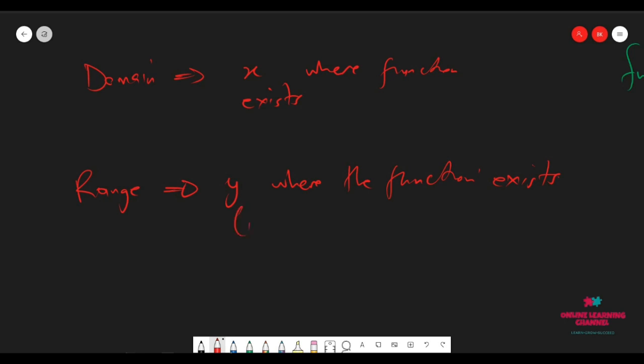So here we'll be looking at your dependent variables, because these are y values, and then here we'll be looking at your independent variables, like that.